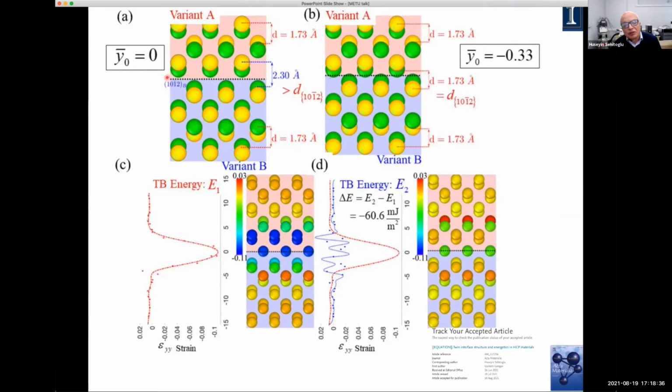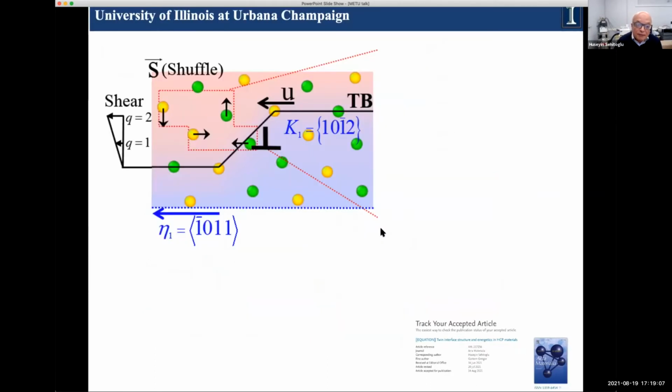So the traditional view that we find in textbook, this corrugated structure, doesn't preserve the lattice spacing, which should be 1.73. But if we do the lattice offsets, we minimize the strains, and we get the correct twin boundary energy, because this energy associated with this and this structure is different by 60 millijoules per meter square.